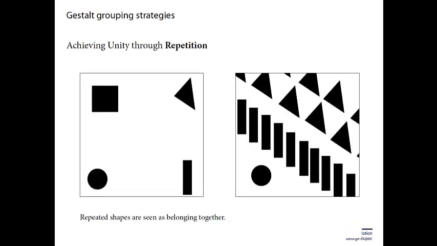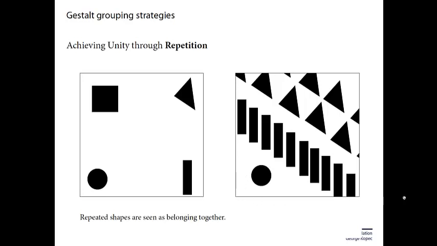Another grouping strategy is repetition. So this one's a little bit tricky. The 4 on the left, no, there's really not any unity going on there. But if we look on the right, what I want you to notice is, yeah, the triangles belong together and the vertical bars belong together. That's true. But what I want you to notice here is that we view this set of repeated triangles as one unit, and we view these repeated bars as one unit, and this little circle is the odd man out.